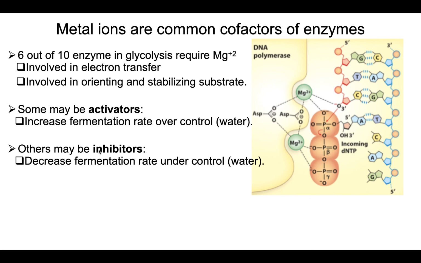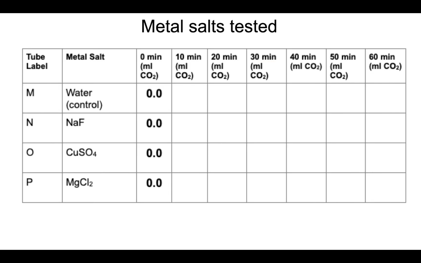Or if we add other metal ions that can displace those magnesium ions and then stop the reaction, they might act as inhibitors. Okay, and so that's what you're going to do.